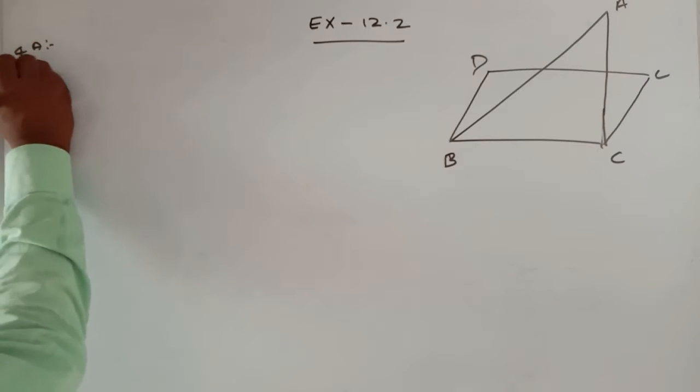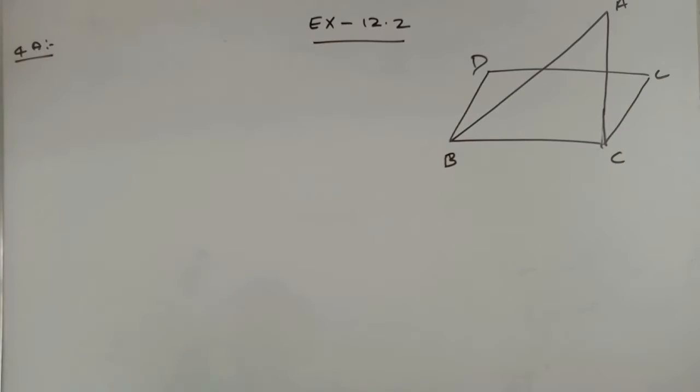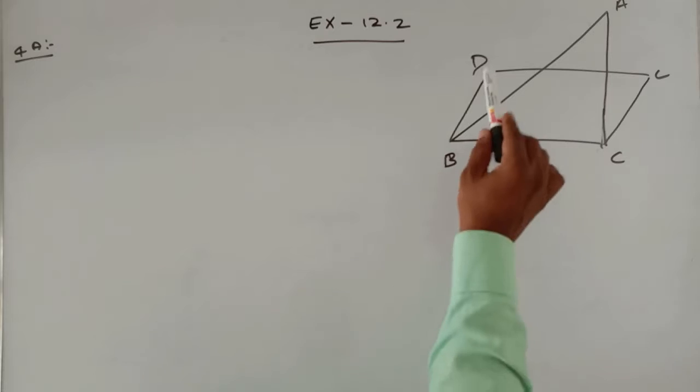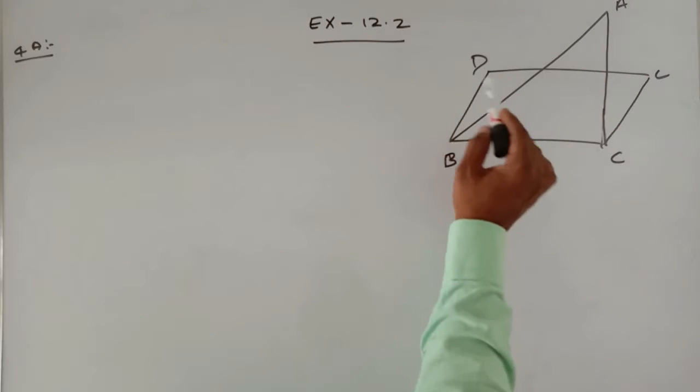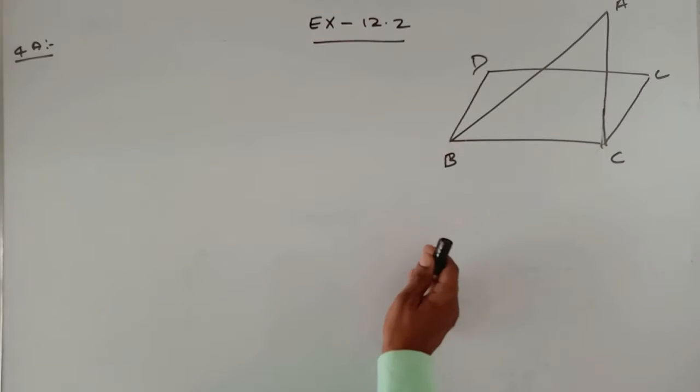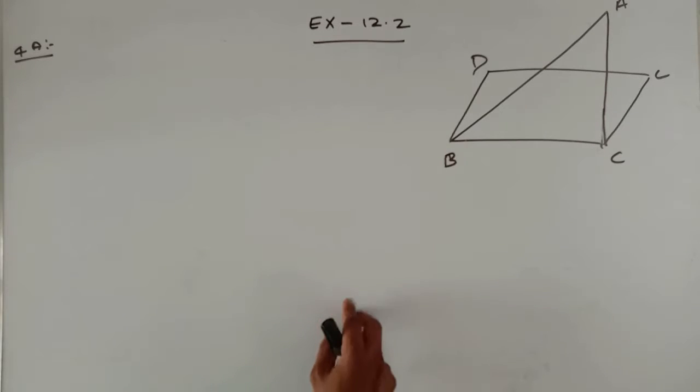A triangle and a parallelogram have the same base and the same area. So ABC is a triangle and BCD is a parallelogram, and these two figures have the same area. If the sides of the triangle are 26 centimeters, 28 centimeters and 30 centimeters, the parallelogram stands on the base of 28 centimeters.